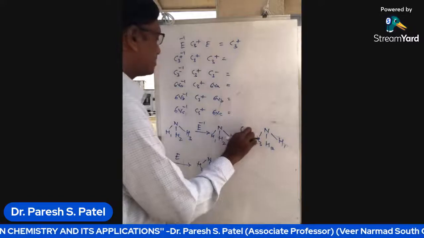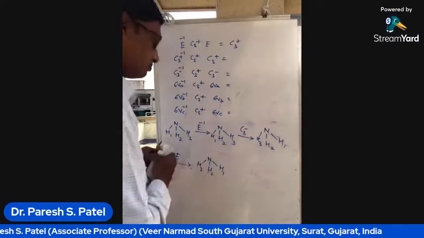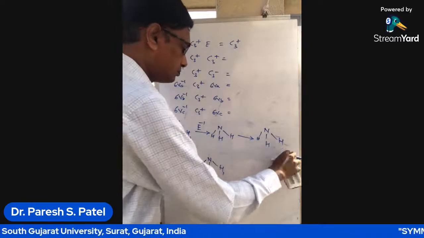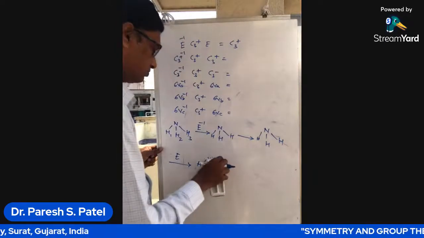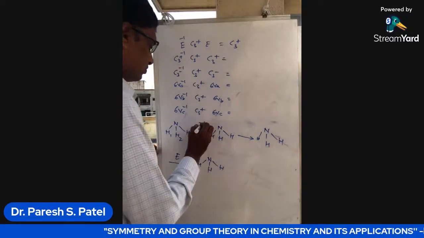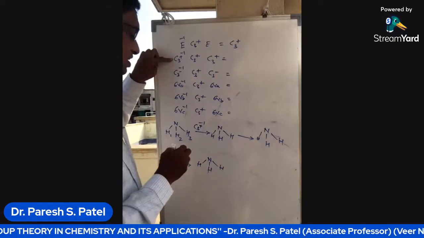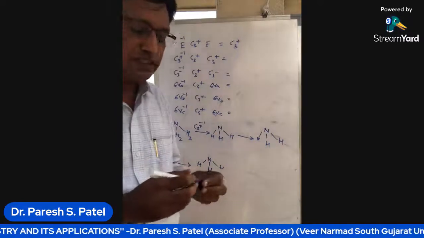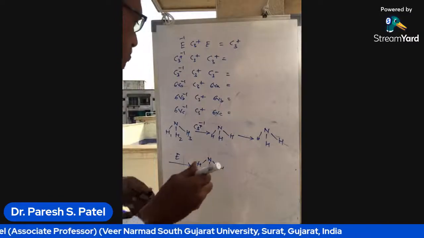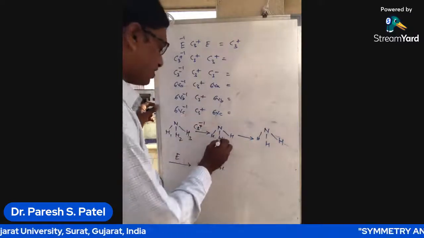Similarly, if you go for C3 plus inverse, C3 plus means one time clockwise rotation, and C3 minus inverse means one time anti-clockwise rotation. So what will happen over here? C3 plus inverse, it means one time clockwise rotation.